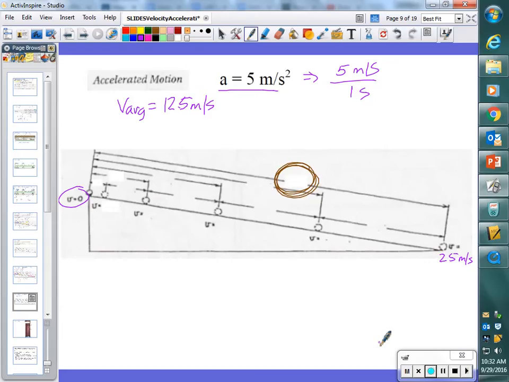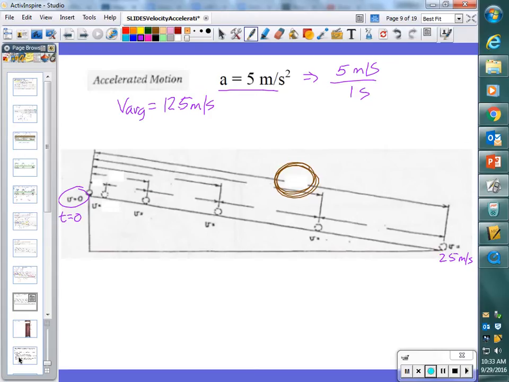And we said that 5 meters per second squared is the equivalent of 5 meters per second, every second. Starting at the top, at t equals 0, the instantaneous velocity is 0. Right when we let that ball go, it's not doing anything. But immediately after that, it starts accelerating, and velocity starts changing.